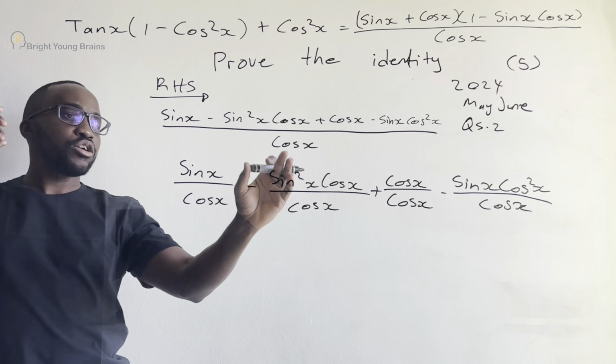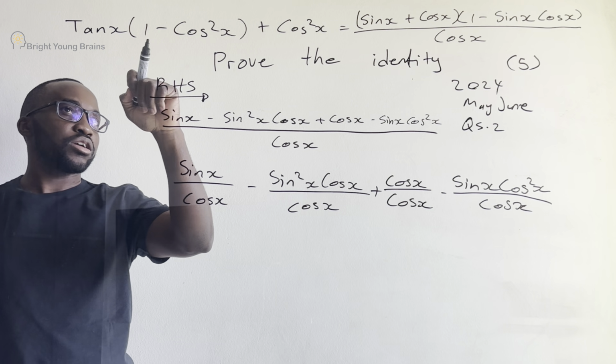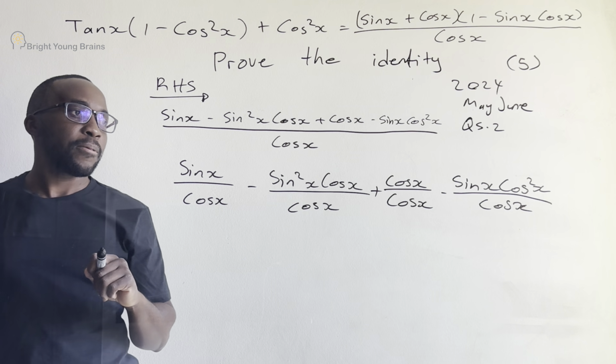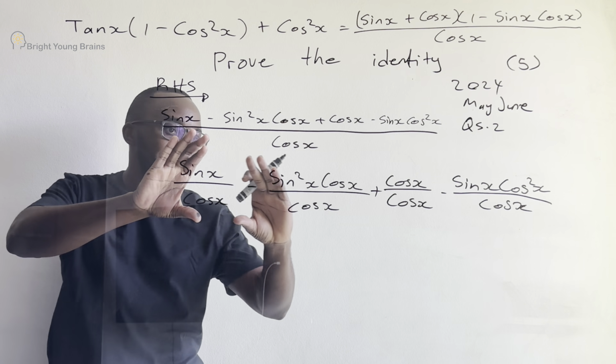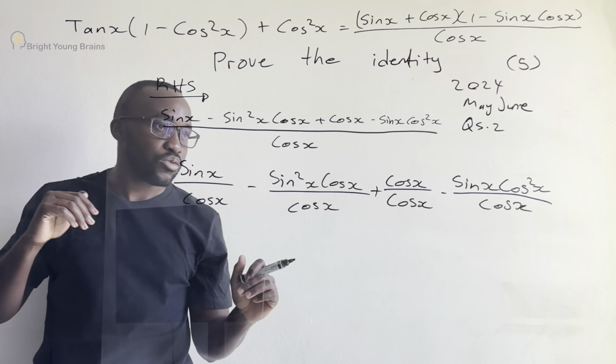If you're eventually going to have tan x with an open bracket and 1 minus cos squared x in there somewhere, you want to think of a scenario where you at least have tan x twice in this expression. That's what you want to think of.